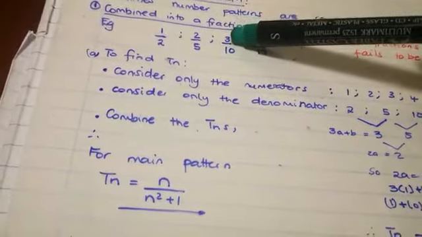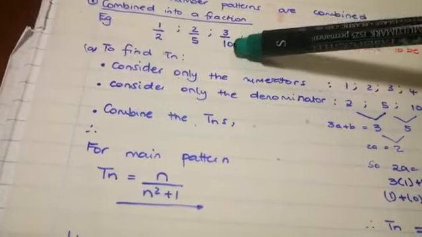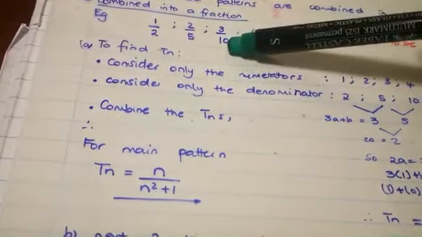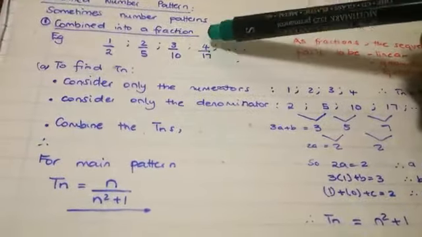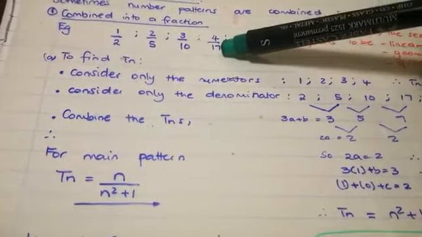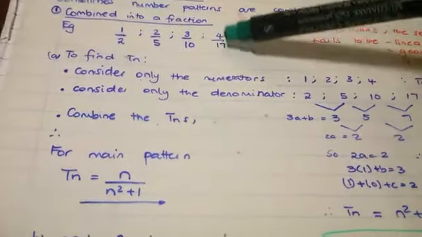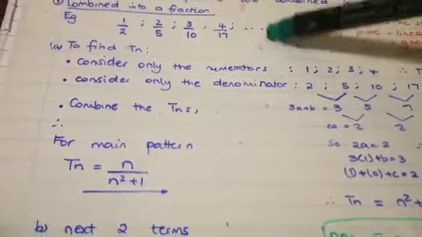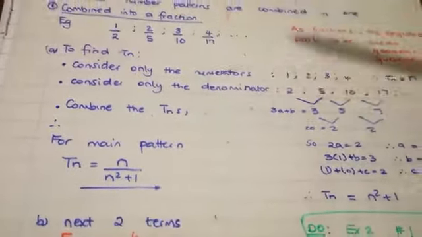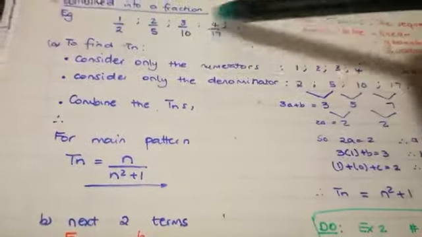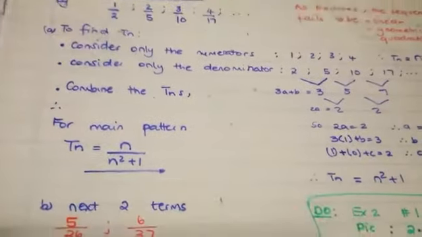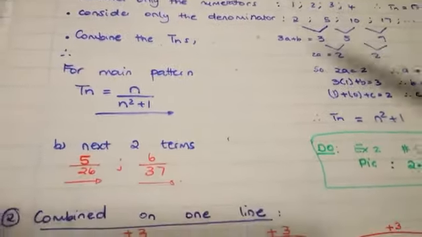So the top will be 3, and the bottom will be 3 squared plus 1. 3 squared is 9, plus 1 is 10. So that is okay. Even here, we've got 4, and 4 squared is 16, 16 plus 1 is 17. So that is how the terms have been generated. It would have been impossible for us to find Tn for the fraction, but when you separate them, it becomes simple.